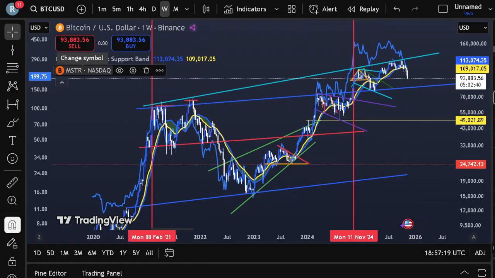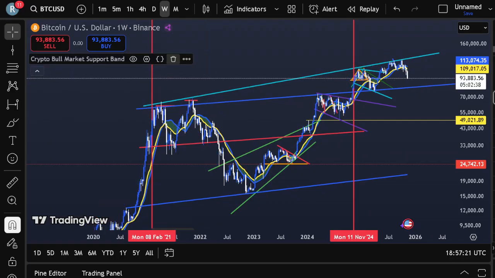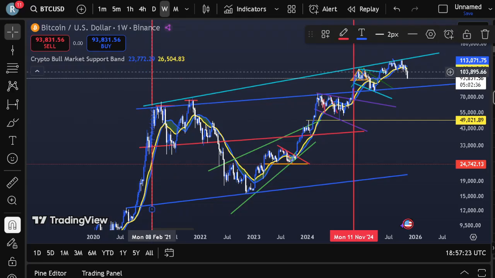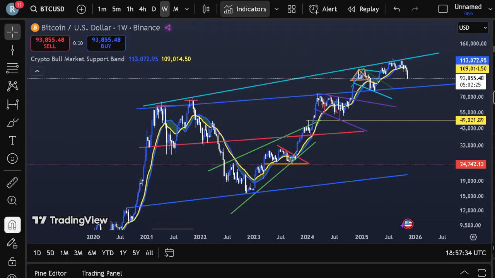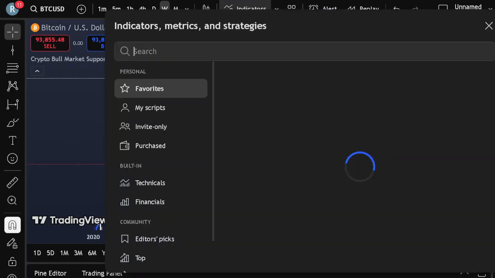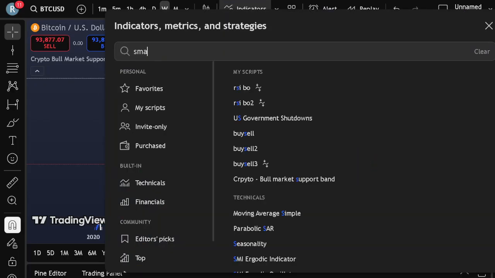So now let's delete the MicroStrategy and delete these vertical lines as well, and let's add the SMA.